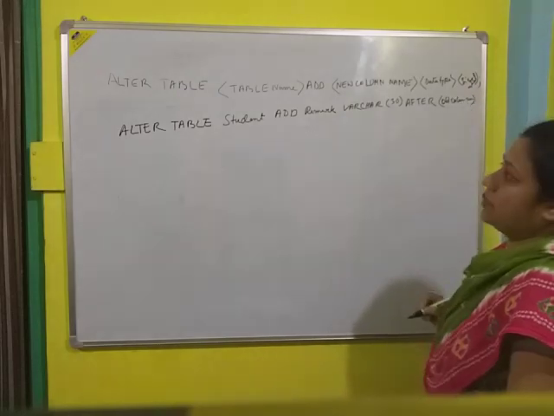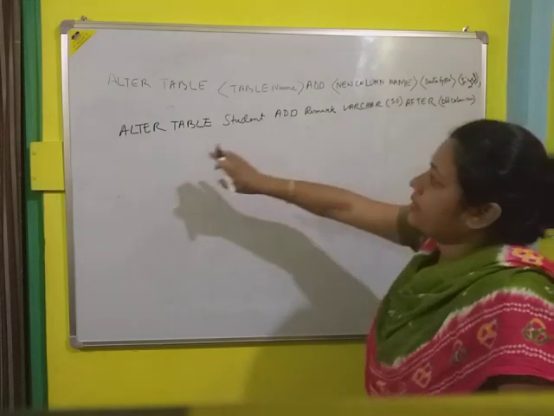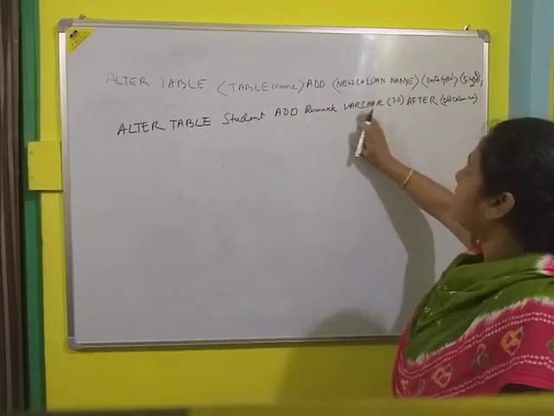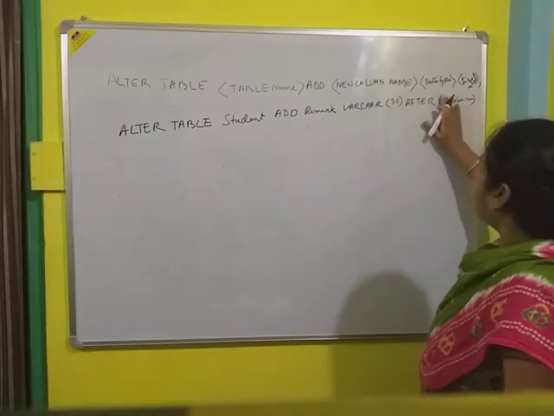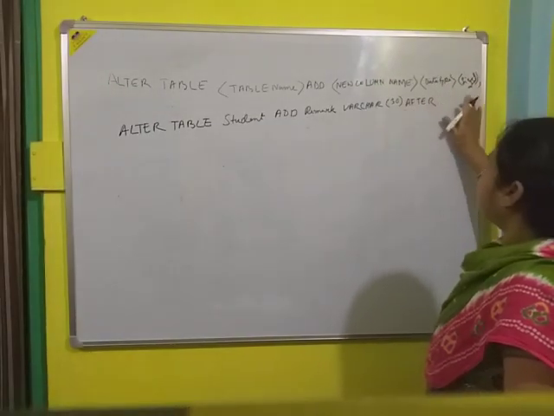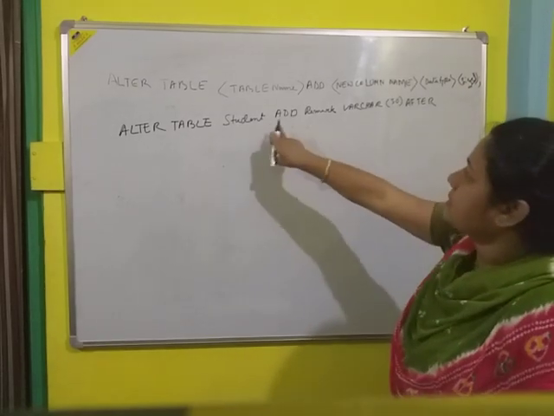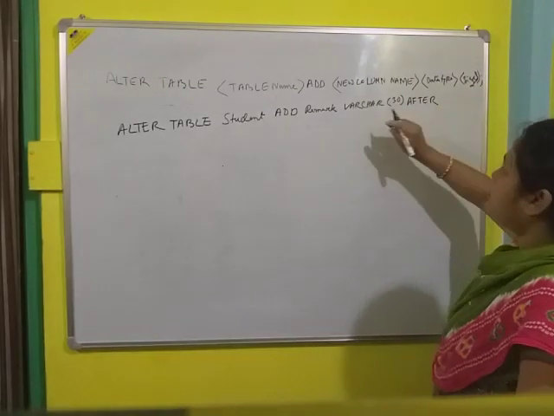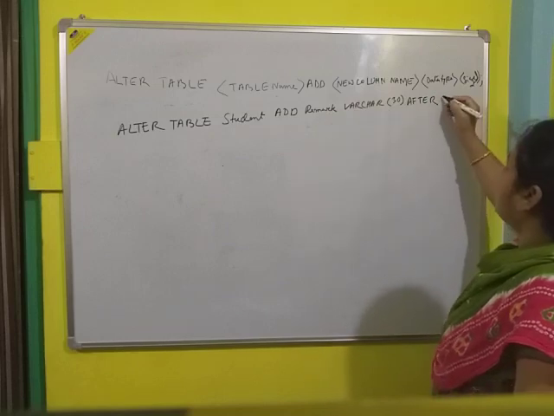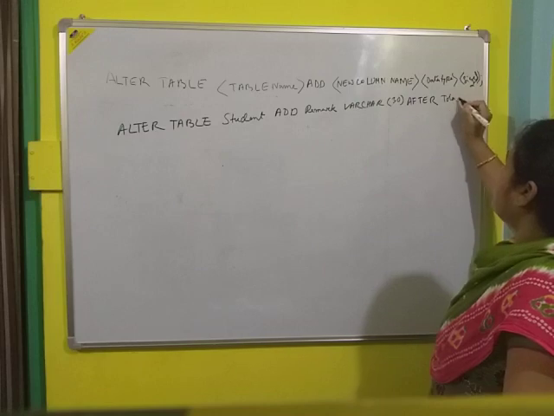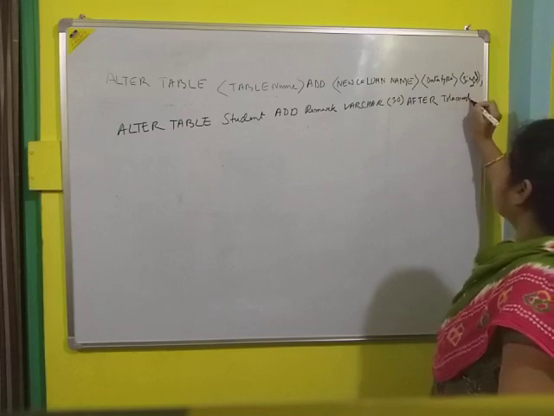So for this example, alter table student add remark varchar 30 after. Here I write the column name after which I want to put this new column. Suppose I want to put this remark after the total marks. So here I write after total marks.